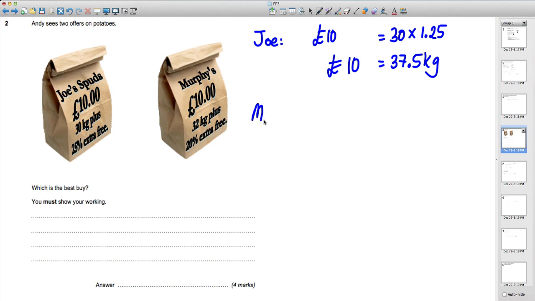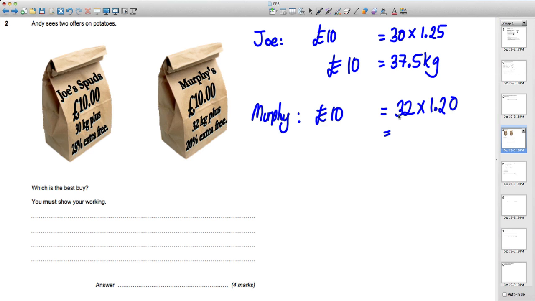For Murphy, you get, for the £10 again, so for the same amount of money, 32 kilograms plus 20% extra free. Well, you would get 32 multiplied by 1.20. Or you can think of it as, what is 20% of this?